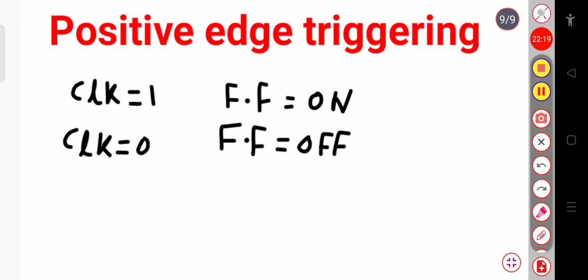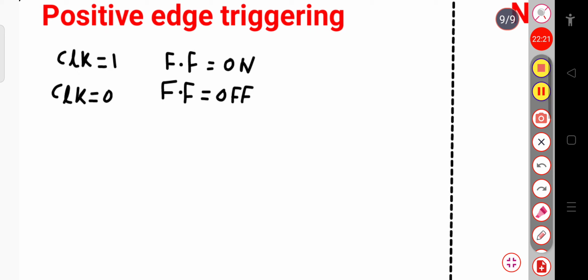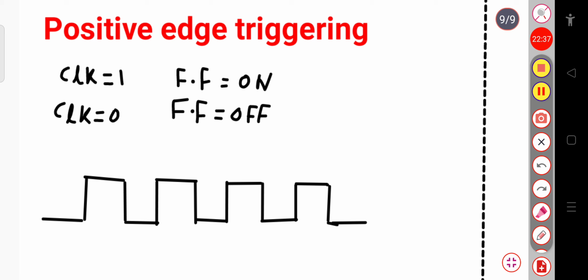It means that when we are giving a signal, suppose our signal is like this, this is our square wave signal and so on. Now it will start from 0 to 1. It will start from 0 to 1, then this signal goes here and then it goes from 1 to 0 and so on.